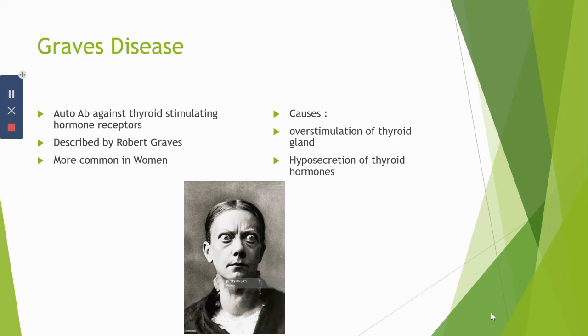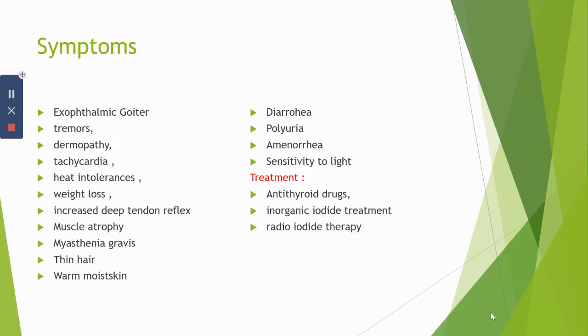Overstimulation leads to hypersecretion of thyroid hormones, the symptoms of which include exophthalmic goiter, that is the protruding eyes and the bulging of the thyroid gland.